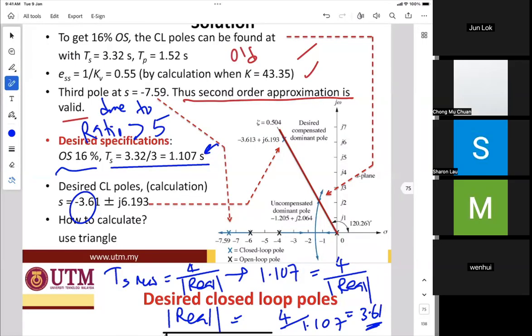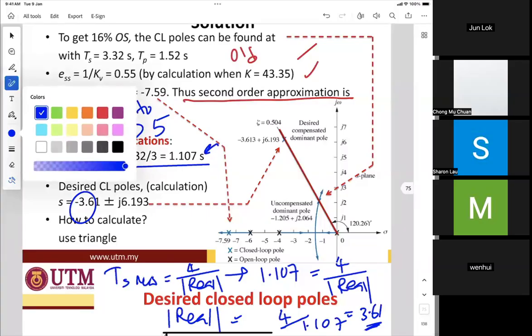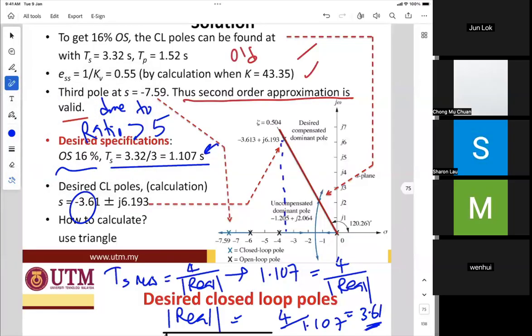After you get 3.61, which is over here, you go to the locus. At the zeta line, you will get the imaginary value automatically.